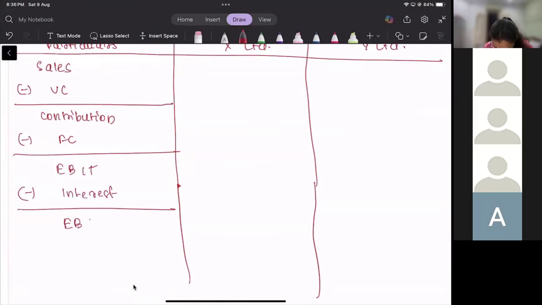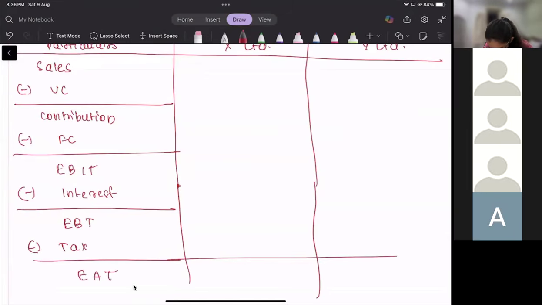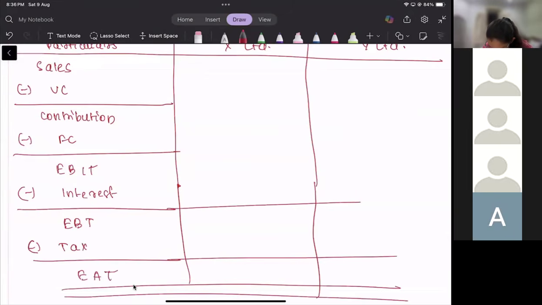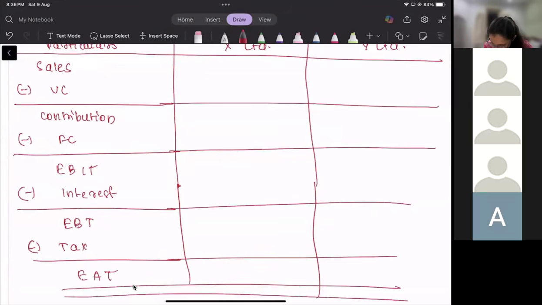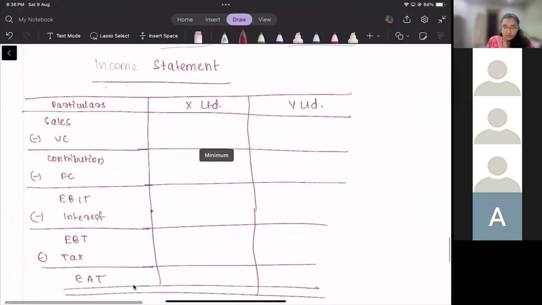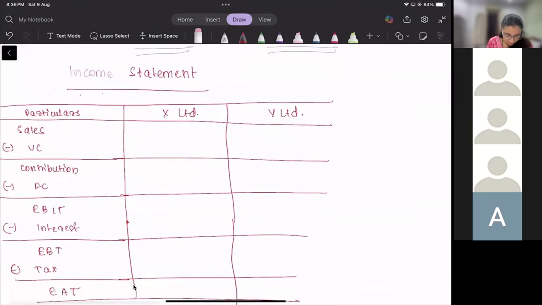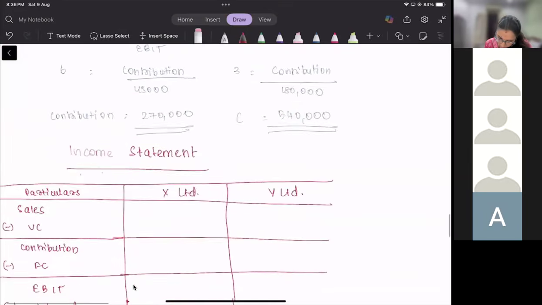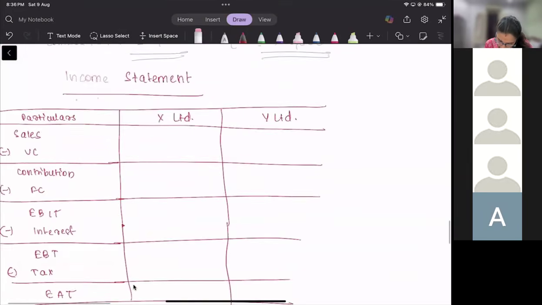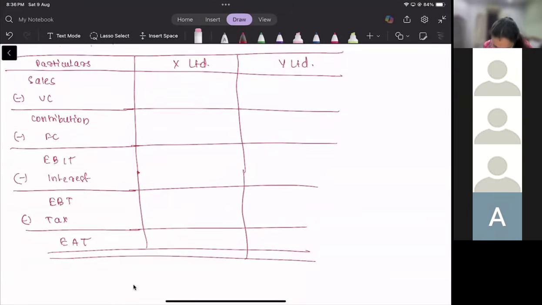Minus interest. Yes, correct. So, shall we do? First, let's fill whatever we know. We know the contribution, 2,70,000, 5,40,000.